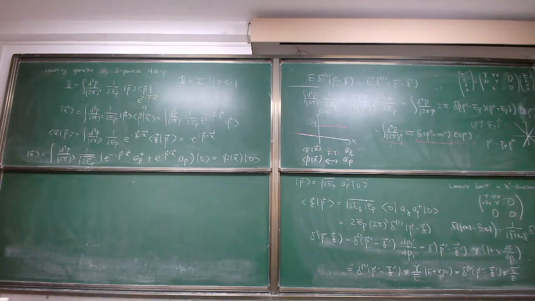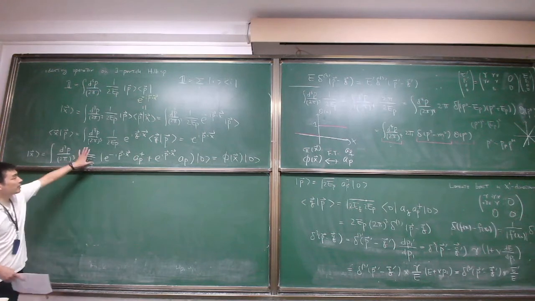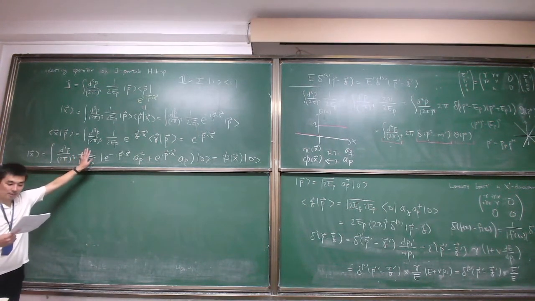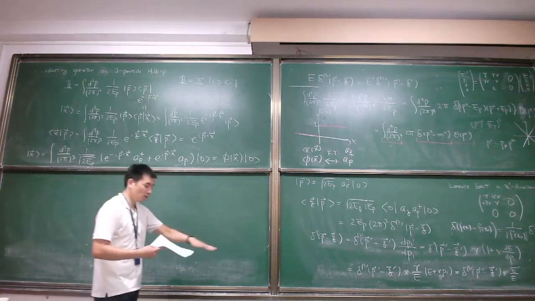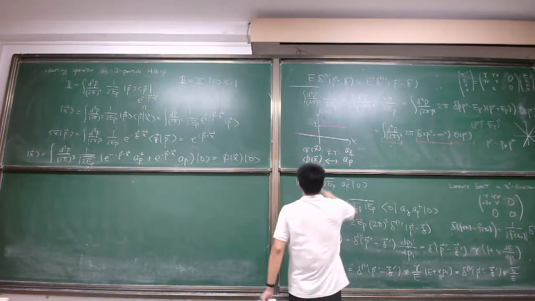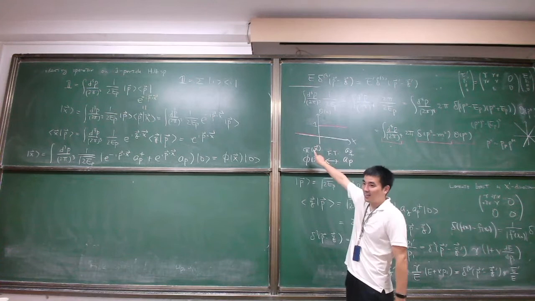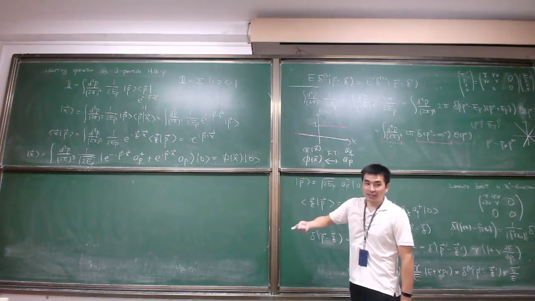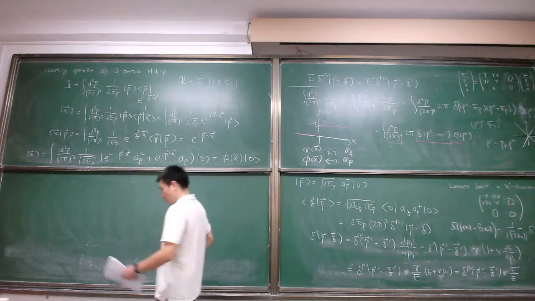So this one does not look manifestly Lorentz invariant, but we will make it manifestly Lorentz invariant. And I will explain why the Fourier transformation should take the form I showed.